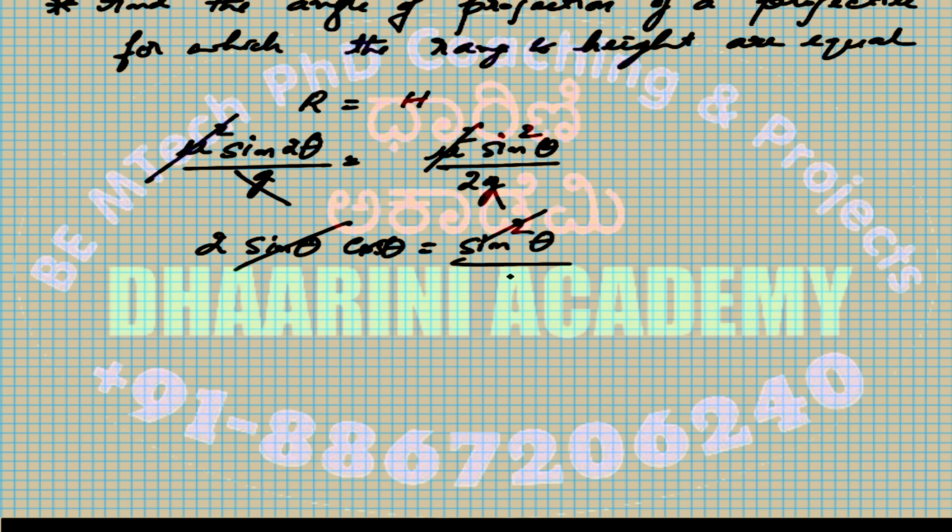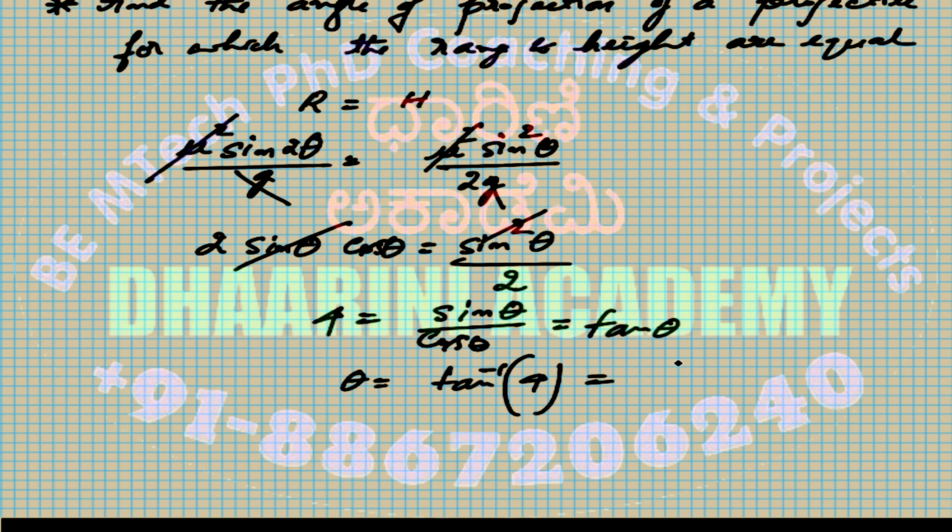So this 2 goes to the other side, that is 4 is equal to sine theta by cos theta. So that is equal to tan theta. So theta is equal to tan inverse of 4.